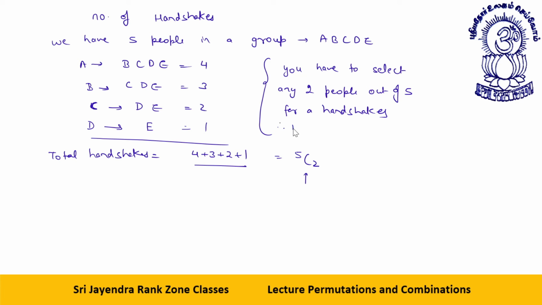Therefore the number of ways is equal to 5C2. This is the concept.